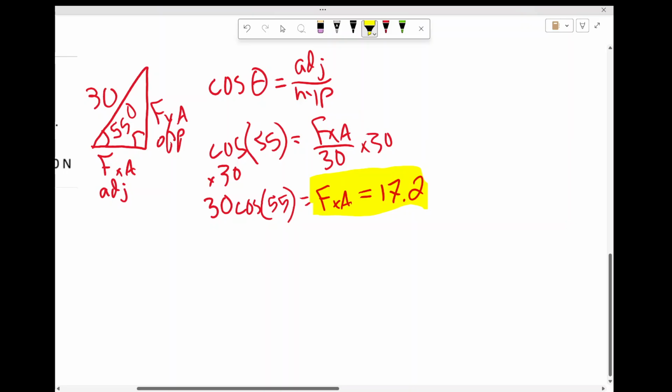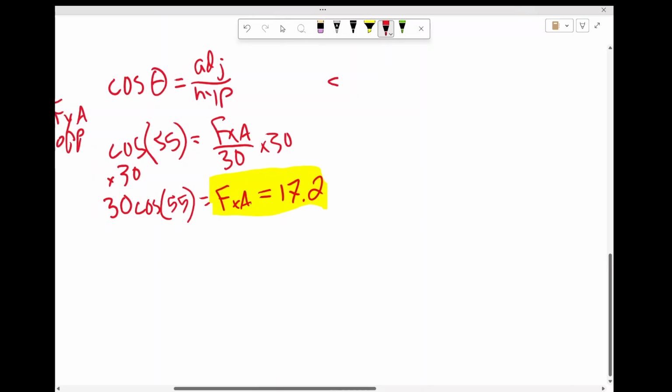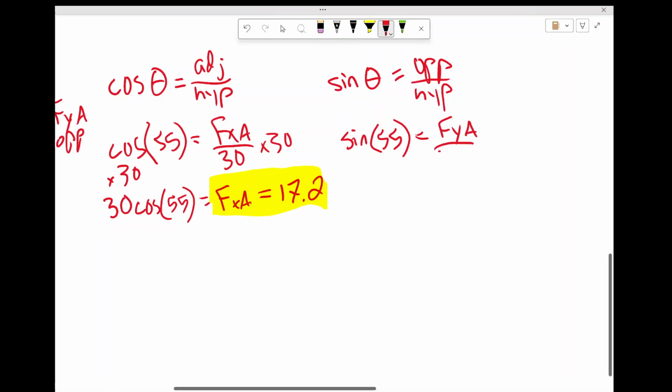Let's go ahead and do the other side. We're going to use sine here. So sine of theta is opposite over hypotenuse. Sine of 55, the opposite side is FyA over the hypotenuse, which again is 30.